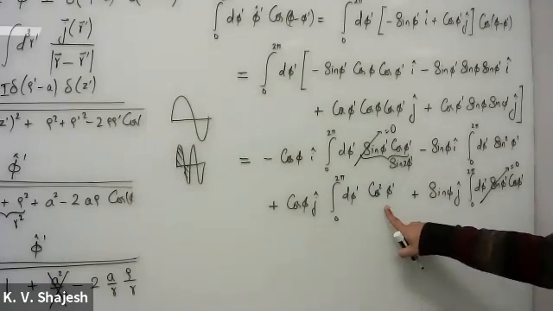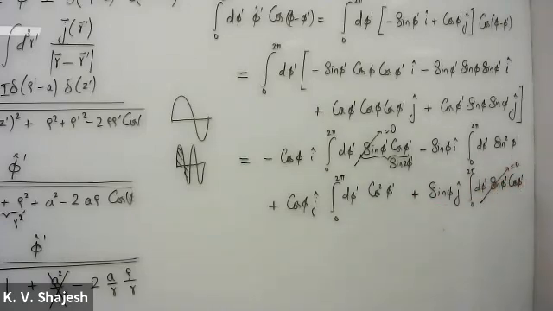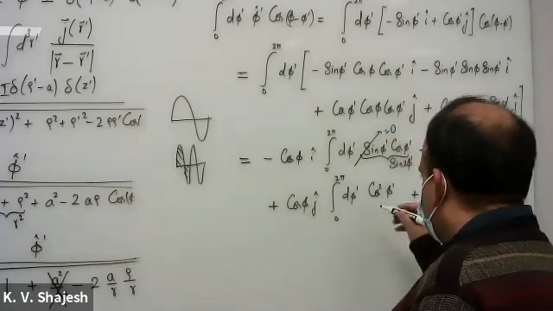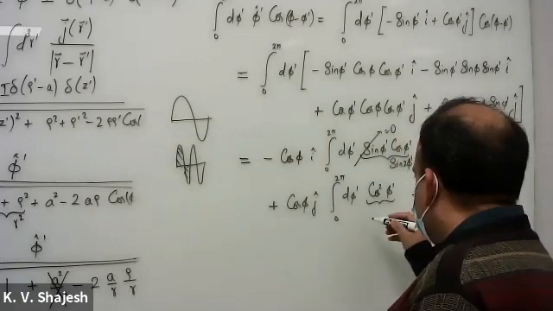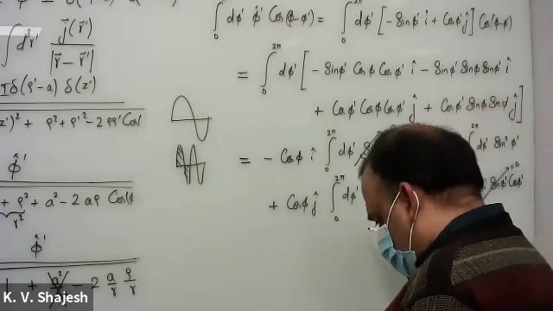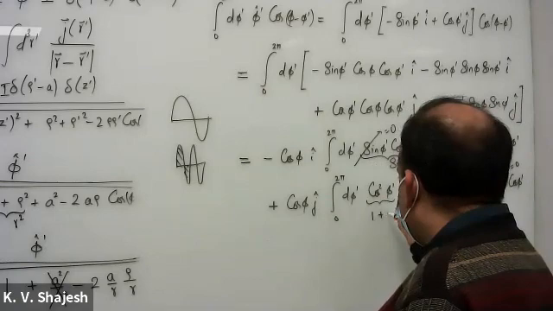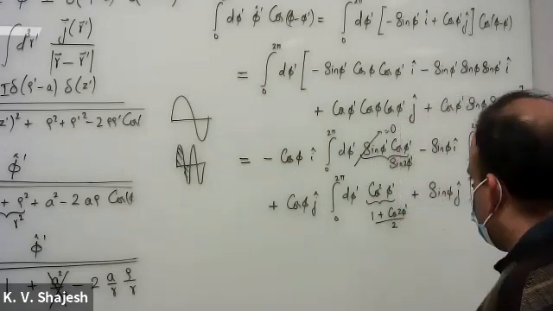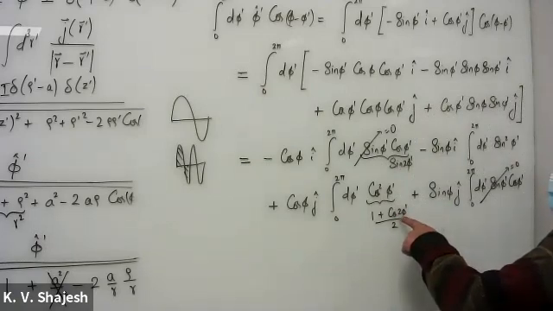So we are left with cosine square phi prime and sine square phi prime. Cosine square phi prime is 1 plus cosine of 2 phi prime over 2. But then the second term again is periodic, so that's equal to 0.